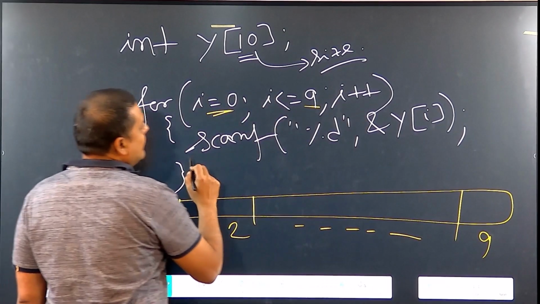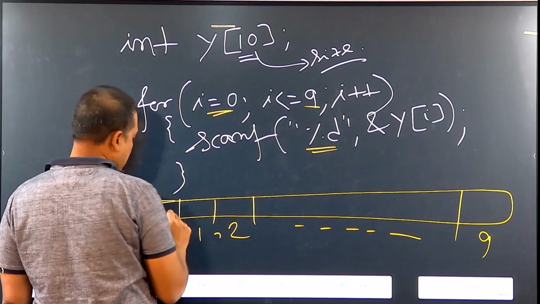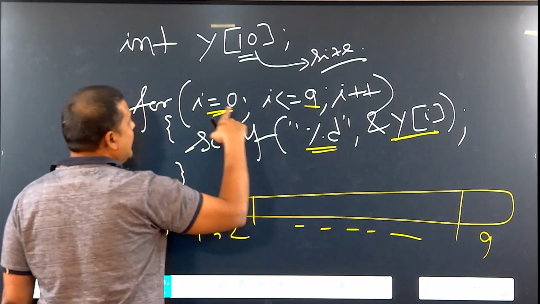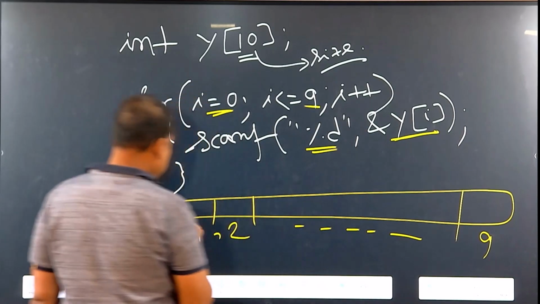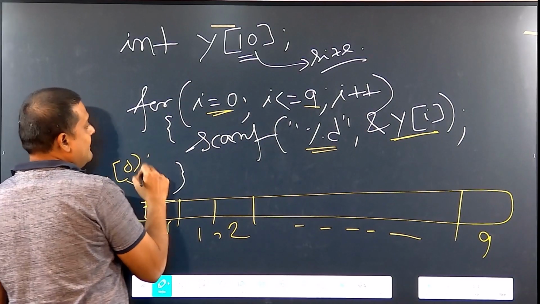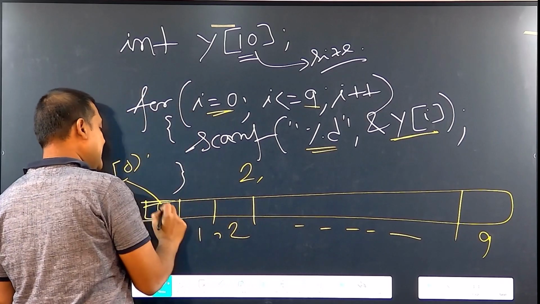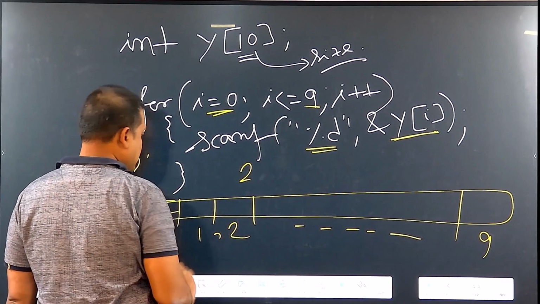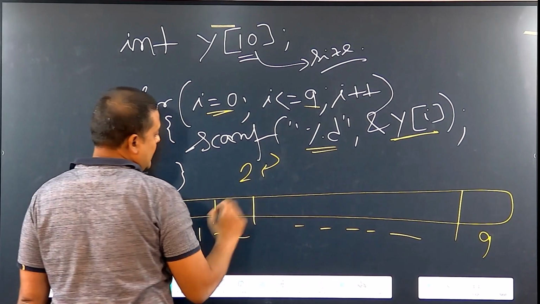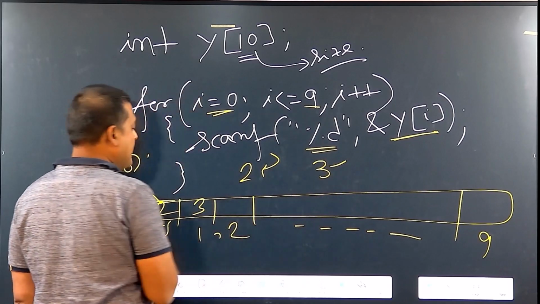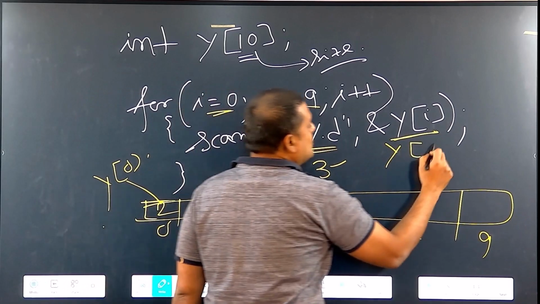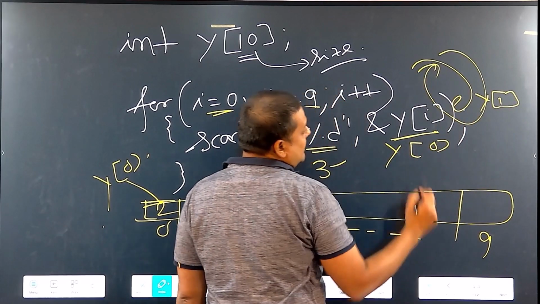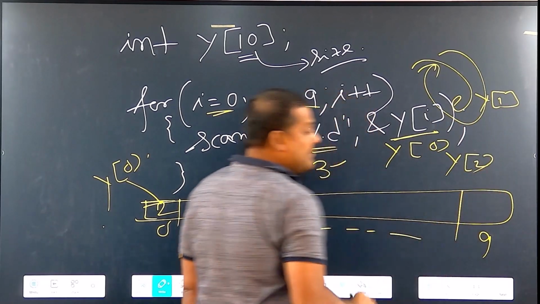Now what will happen, by help of scanf we will take some input. यहाँ पे आएगा y of i, first time y of i is 0, so y of 0, at the 0th place whatever value you insert, मान लो 2 insert करेंगे तो value वहां पे चला जाएगा. फिर space देके enter press करेंगे run time में, user से, मान लो फिर 3 देते हैं तो next value 3 यहाँ पे चला जाएगा. सो i का value y of 0 में होगा, फिर next loop में y of 1 में होगा, फिर loop iterate करेगा तो y of 2 में होगा.